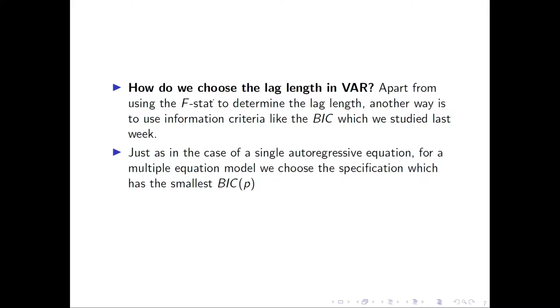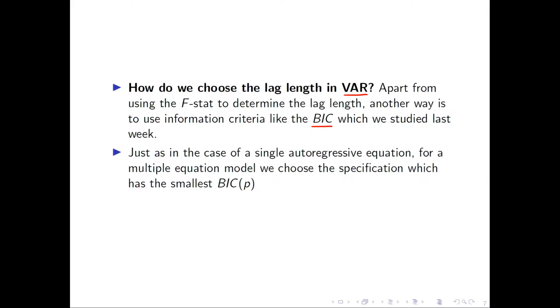But also in the VAR framework, this method can return more lags than is optimal. And just as in the case of a single autoregressive equation, we could use the Bayesian information criteria or the Akaike information criteria.